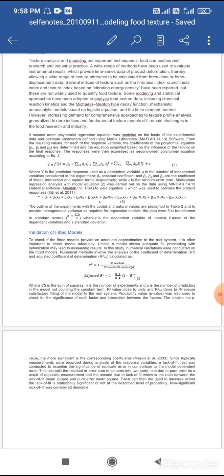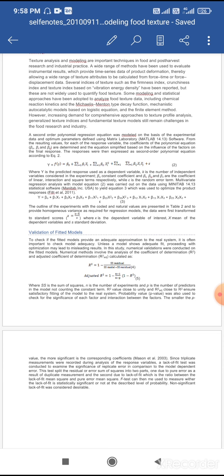These coefficients denote the interaction between the variables. Linear means interaction between similar variables.